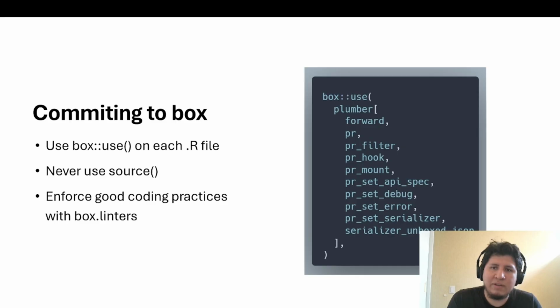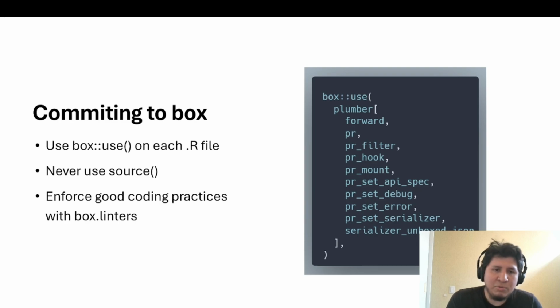Inside, you define the name of the package, and inside the brackets, you define the functions you want to import. We don't use source because it has implications for the global environment and you lose the gains you would otherwise get from box modules, because you will create namespace conflicts, which is the main thing that box allows us to avoid.